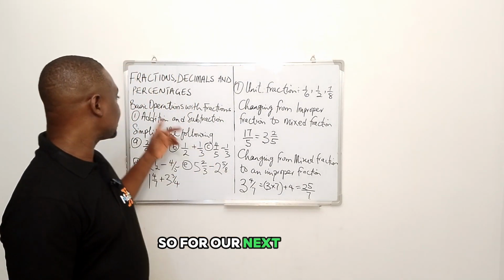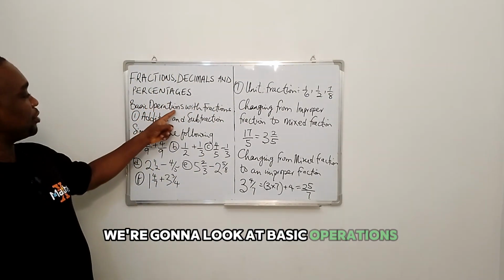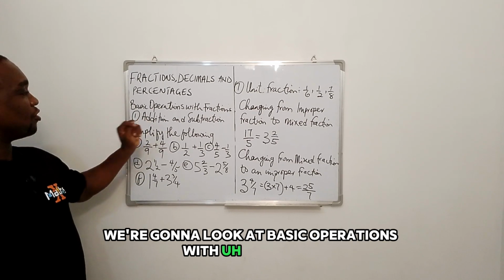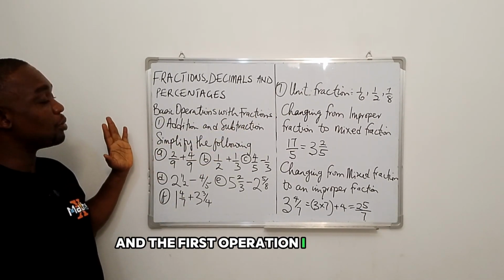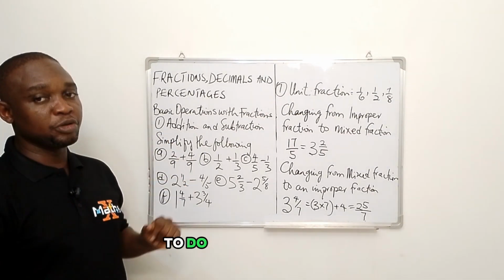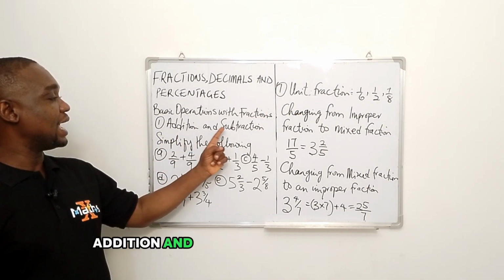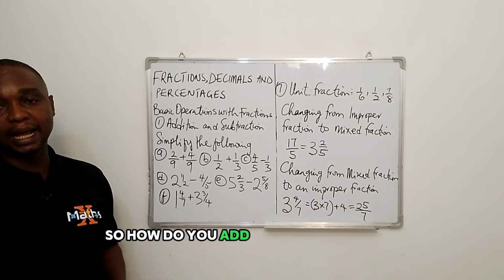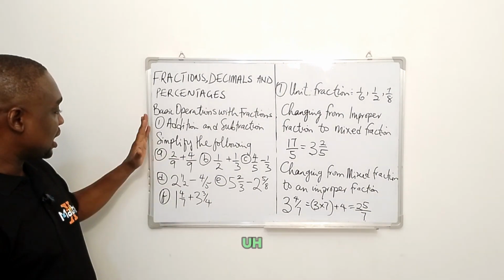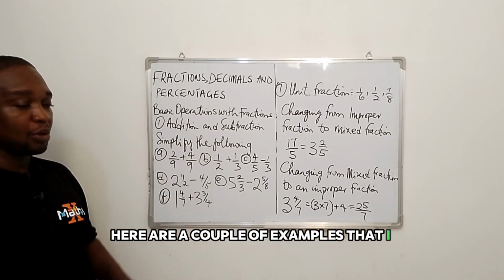So for our next subunit, we're going to look at basic operations with fractions. And the first operation I wanted us to do with fractions is addition and subtraction. So how do you add and subtract with fractions? Here are a couple of examples that I wanted us to do.